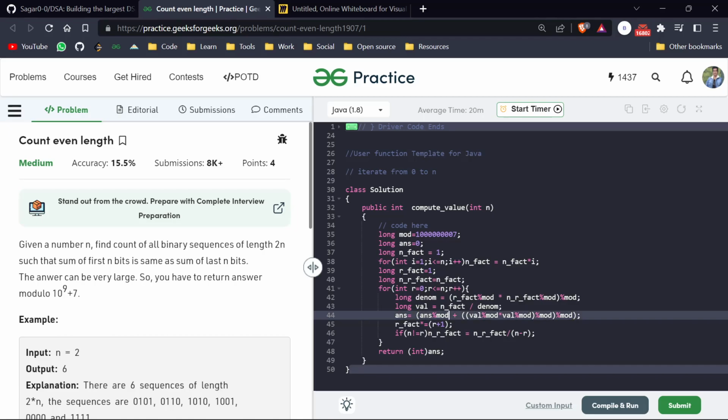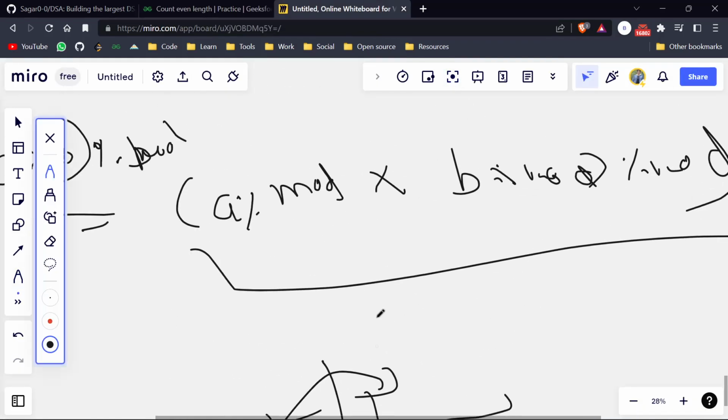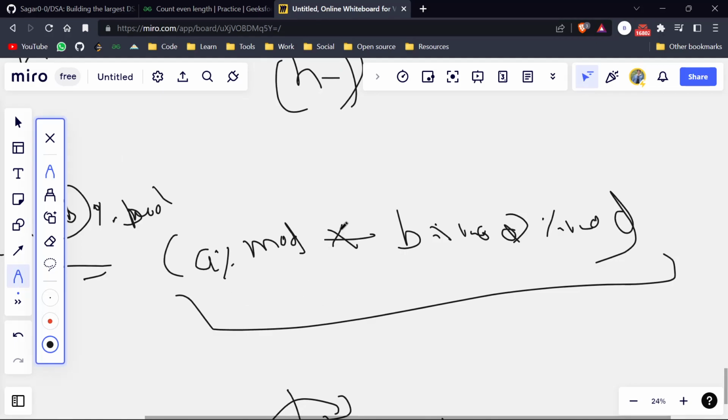When we are adding two values, first mod of this value, then mod of this whole thing. All right, I hope now you are getting this point, how we are using our modulo property. This is the exact same thing when we have our plus operator.